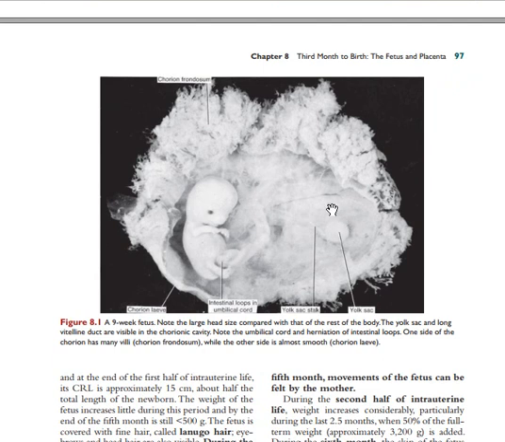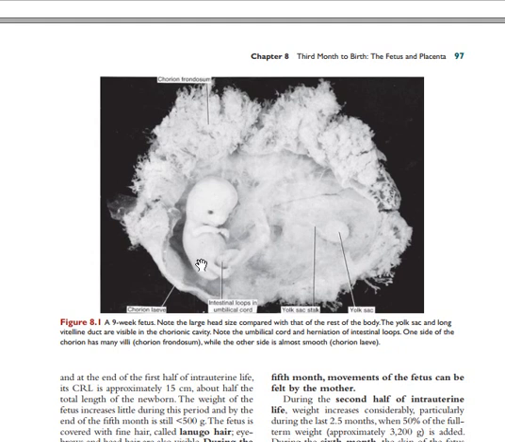Is it clear? At the beginning, when the child implants, there is no blood supply from the maternal circulation to the child. So at first, the child is going to receive nutrients from the yolk sac. That's why the yolk sac is very important. It is the initial store of energy of the child.